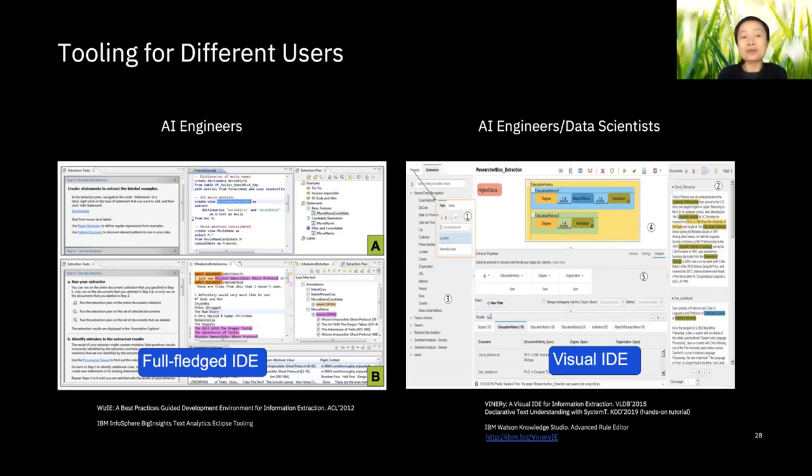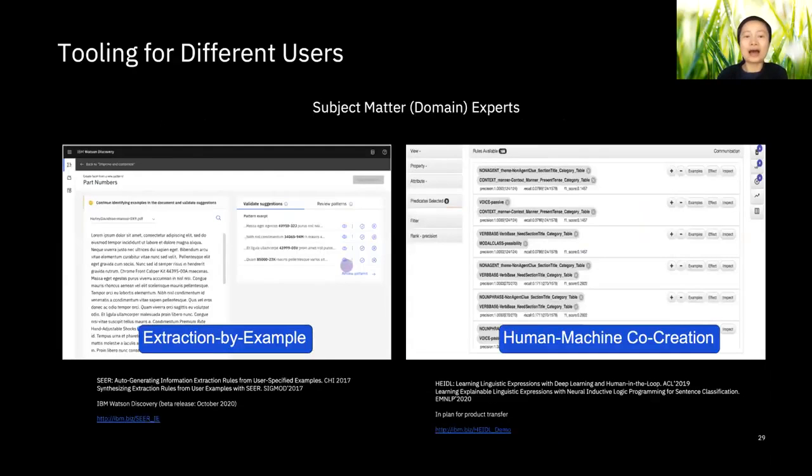So we have Eclipse tooling for AI engineers who are very comfortable with programming and want to write very powerful models on top of SystemT. So they have a full-fledged IDE. And then for other people where the user scenario is simpler, they can use the visual IDE to do the task.